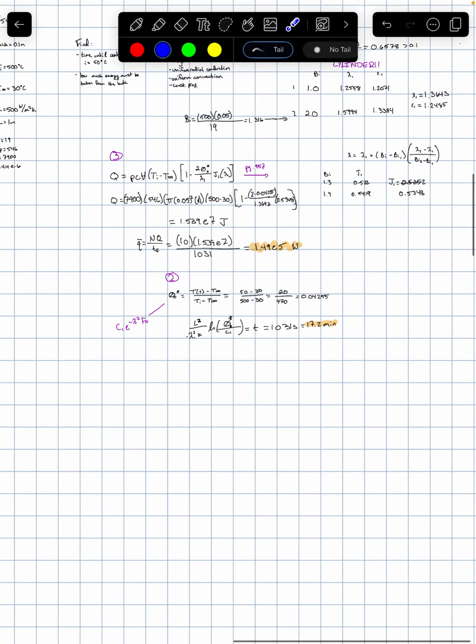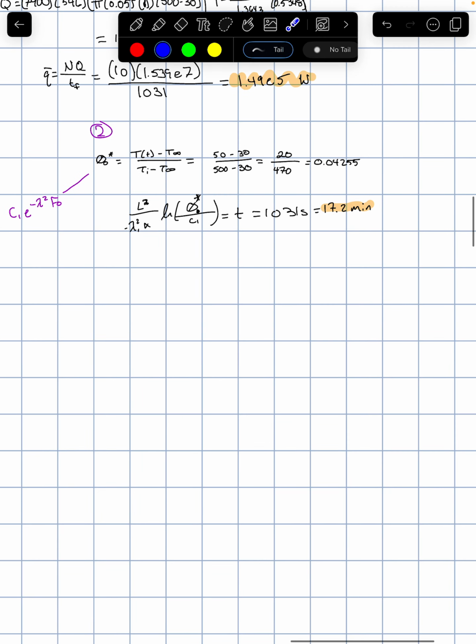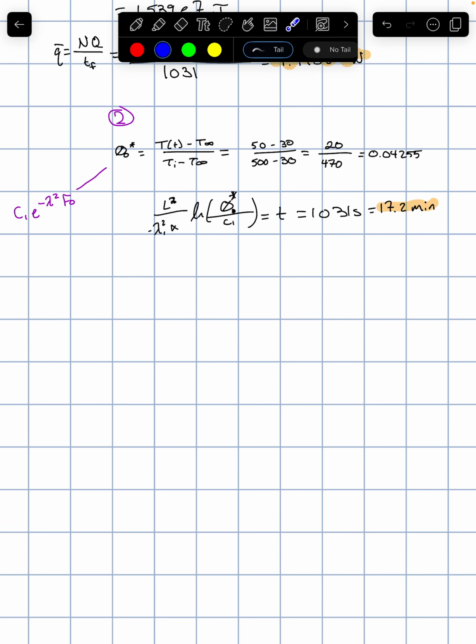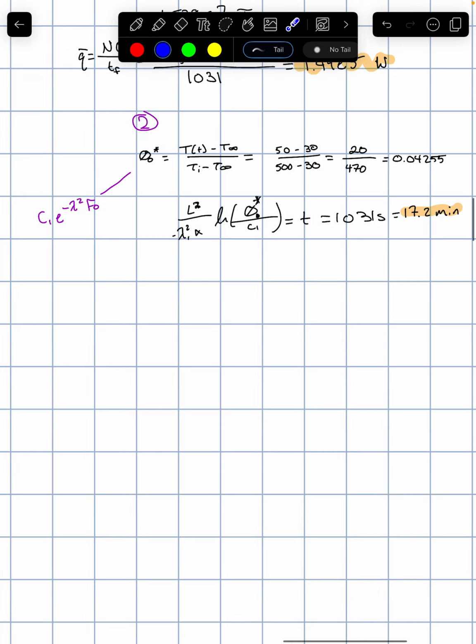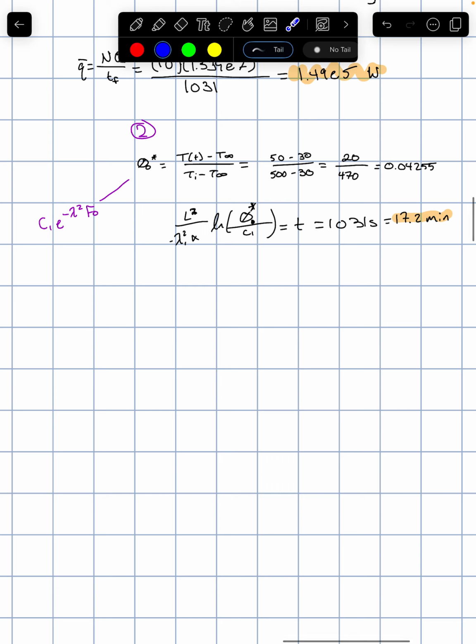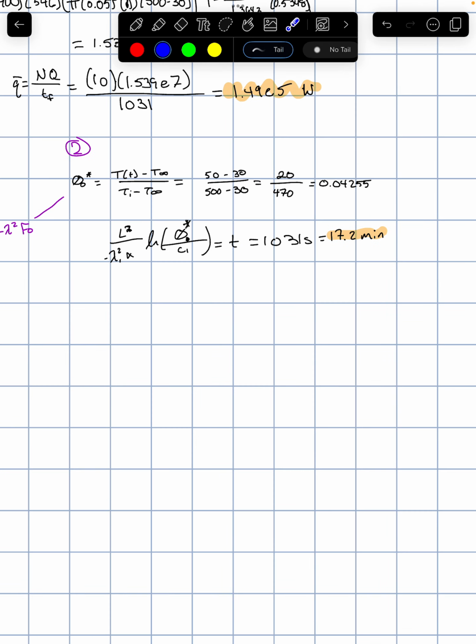Knowing that, using the similar dimensionless temperature parameter as we did in problem 5.47, we can solve using this relation of the parameter equal to this equation with the Fourier number in it, also equal to this difference between temperatures. We know all our temperatures, so we solve that ratio out for 0.04255.